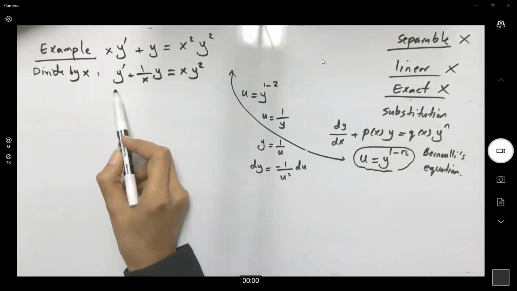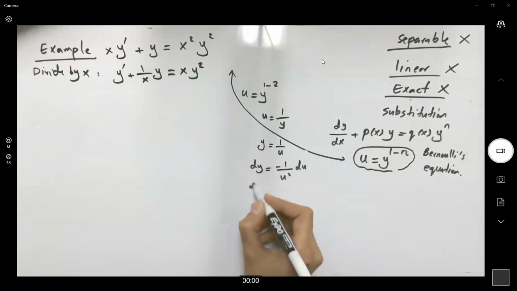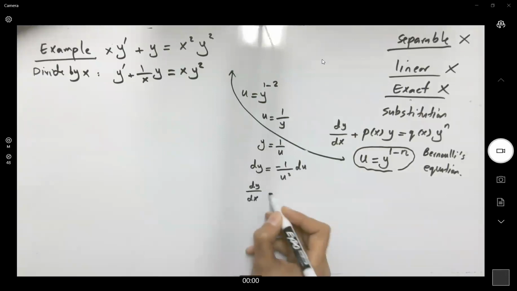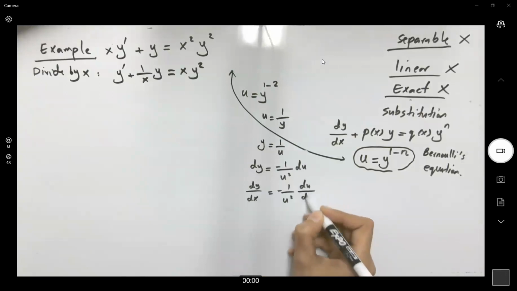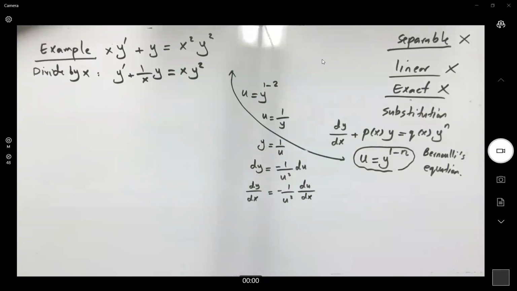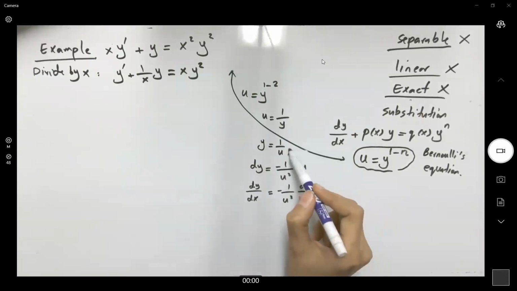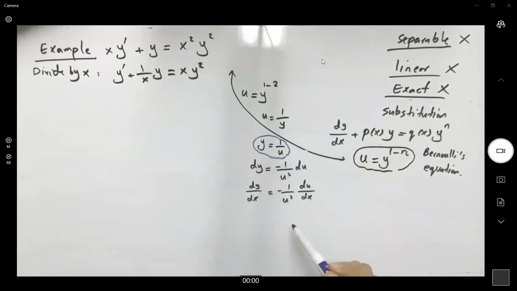Here we have y prime, which is dy over dx. So dy over dx becomes negative 1 over u squared du over dx. So far we have these substitutions to work with. Wherever we see y, we're going to write 1 over u. Wherever we see dy over dx, we're going to substitute negative 1 over u squared du over dx.